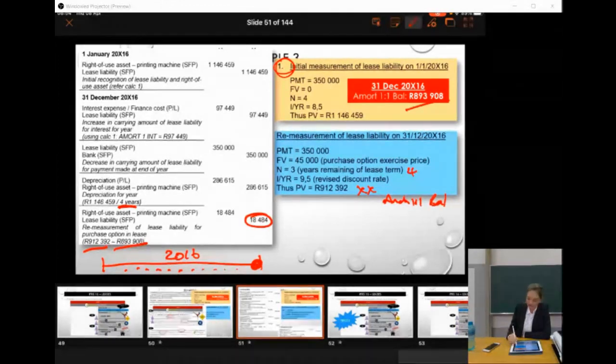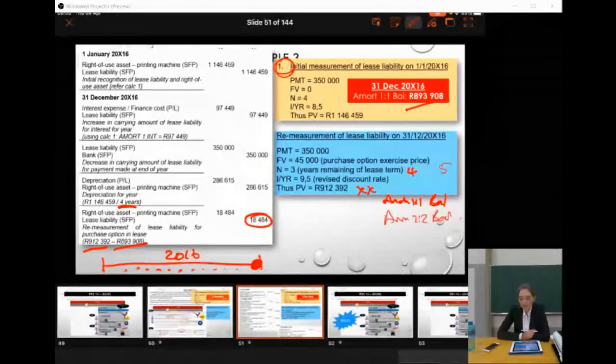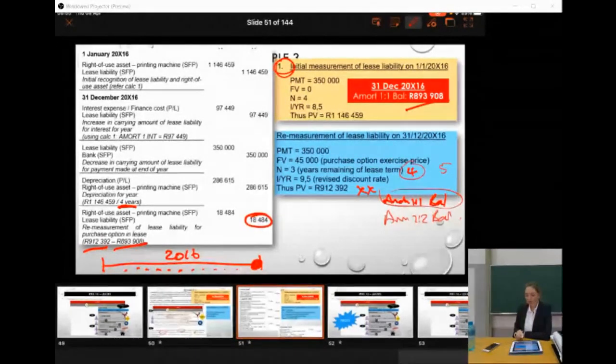It's the same principle as if you said 5 over here, then you have to say amort 2 balance. You're going to get the same answer. But the fact is, even if you're doing this and you use amort 1, you are still measuring that liability just for the remaining period.